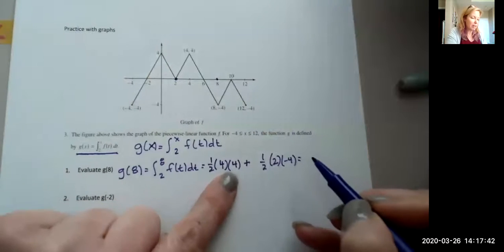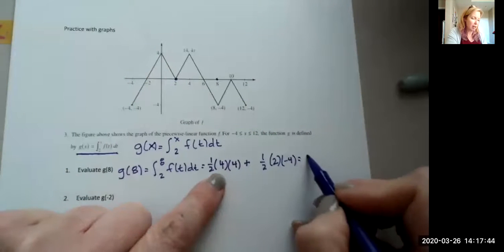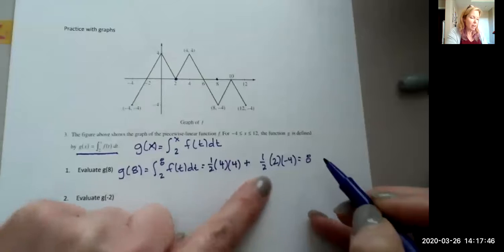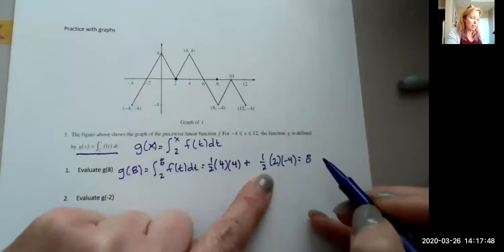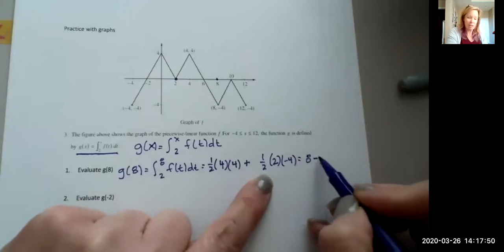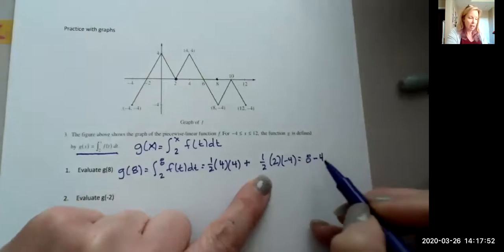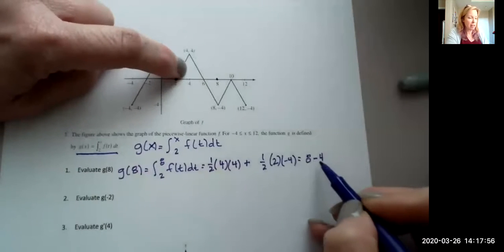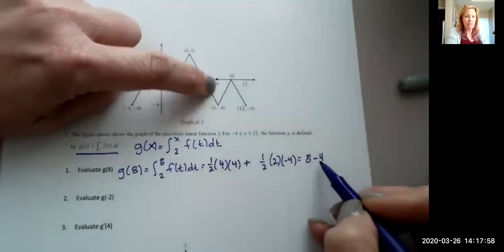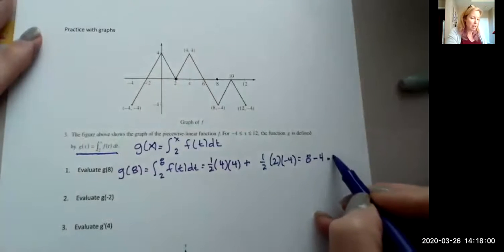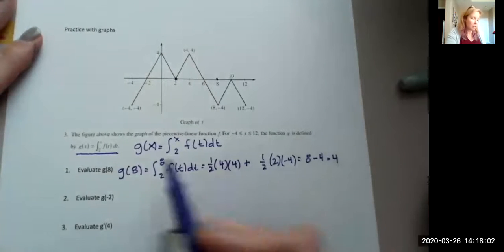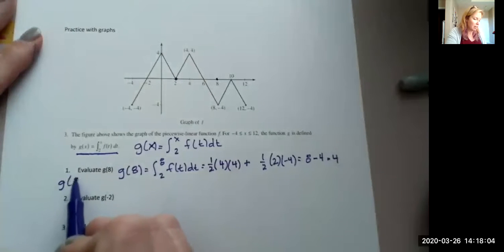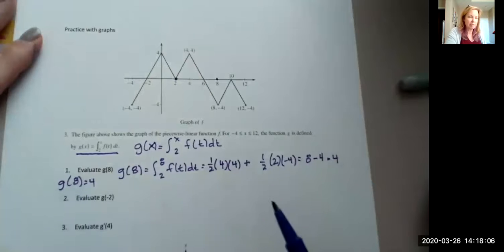Half of 16 is +8, and then I'm adding in half of a -8, which is a -4. So this 8 represents the area of the triangle above the x-axis, this -4 is the area of the triangle below, and so g of 8 is equal to 4.